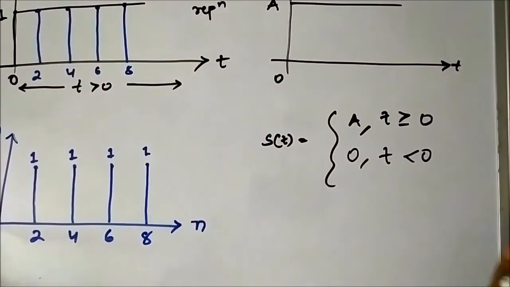Now the representation of the discrete time unit step sequence is given by this.